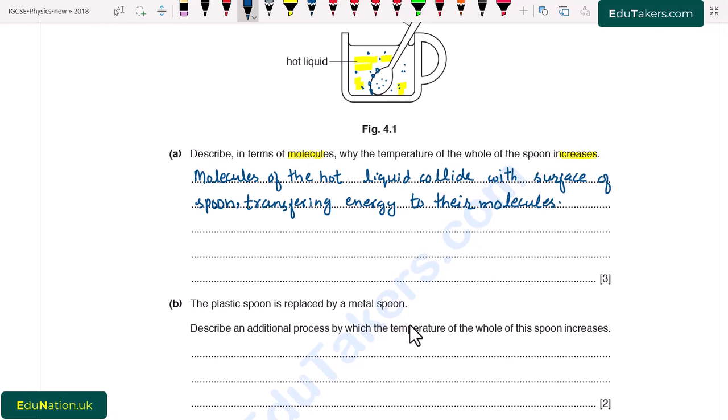As a result, the vibration of the spoon's molecules increases, and hence the temperature of the whole spoon increases.